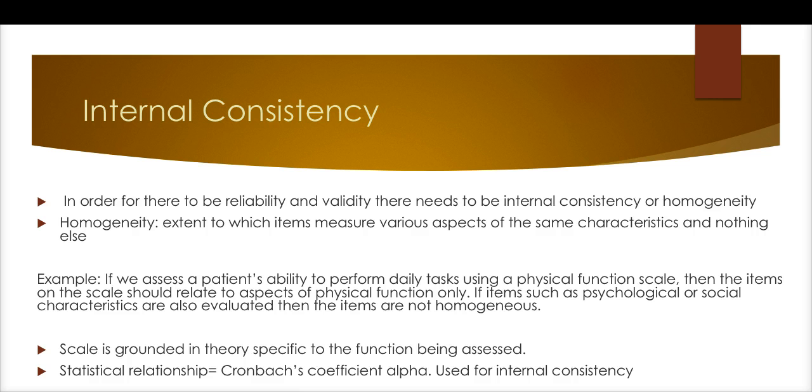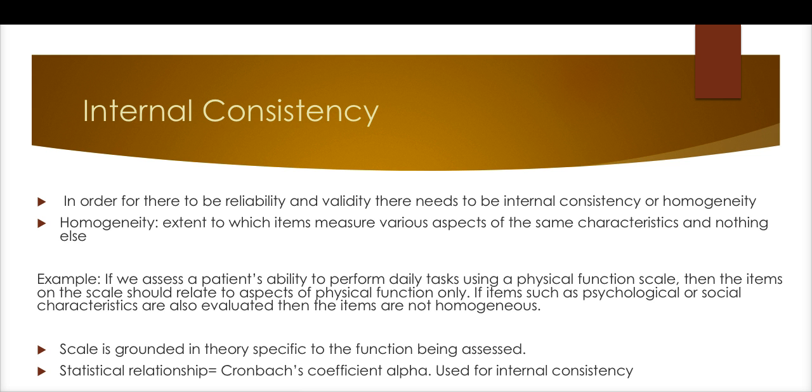So if you're assessing a patient's ability to perform daily tasks using a physical function scale, then the items on that scale should relate to the aspects of physical function only. If items such as social characteristics are evaluated as well as physical function, well then it's not homogeneous, and we're looking for homogeneity when we're looking for internal consistency.